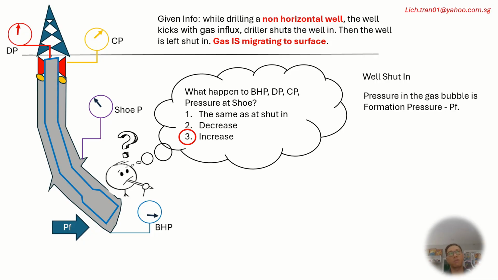Therefore, more hydrostatic pressure from the mud is acting against the bottom hole pressure. All right. So the answer is all 4 pressures will increase. And the pressure increment, delta P, is the same for all until the gas bubble reaches surface.